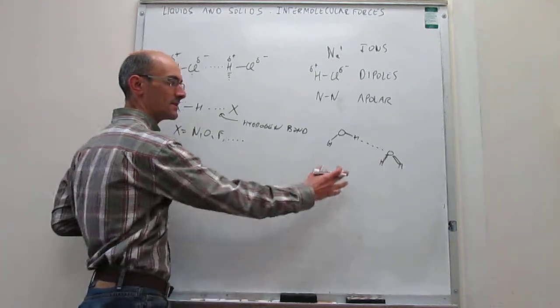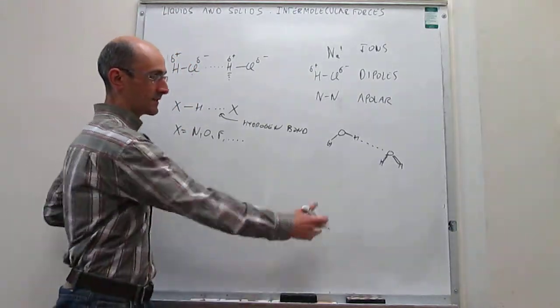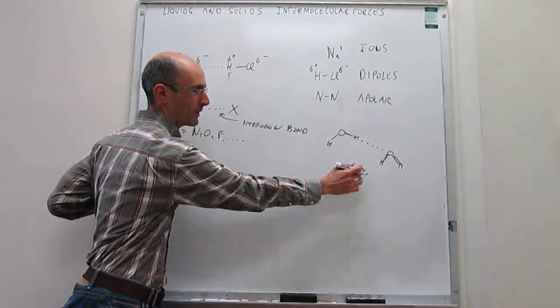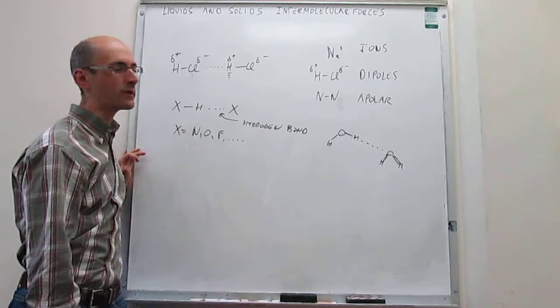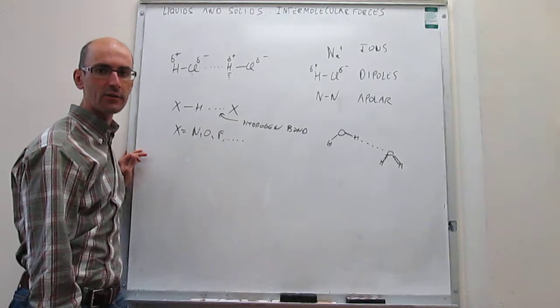This confers very interesting properties to the liquids that exhibit these hydrogen bonds. For example, the boiling point of water is unusually high for the low mass of the molecule, and that is all caused by these strong hydrogen bonds.